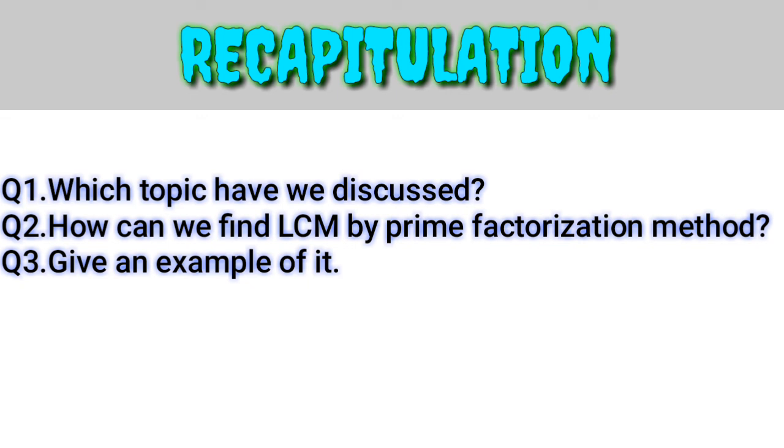Answer is the LCM of two or more numbers can be obtained by finding out their prime factors. Last question is give an example of it. The LCM of 12 and 18 is 36.